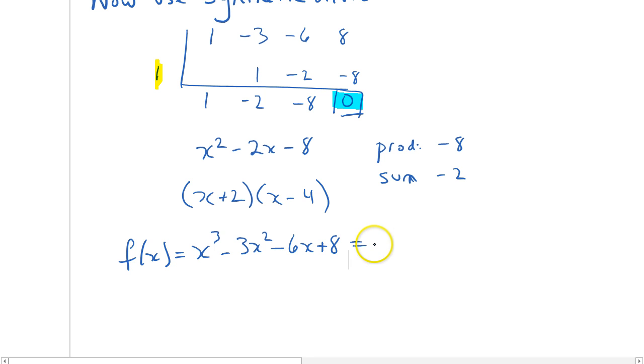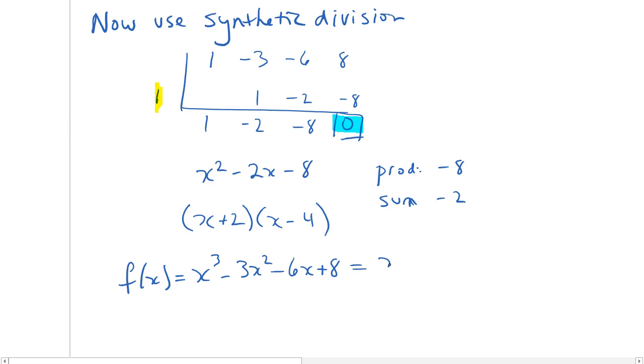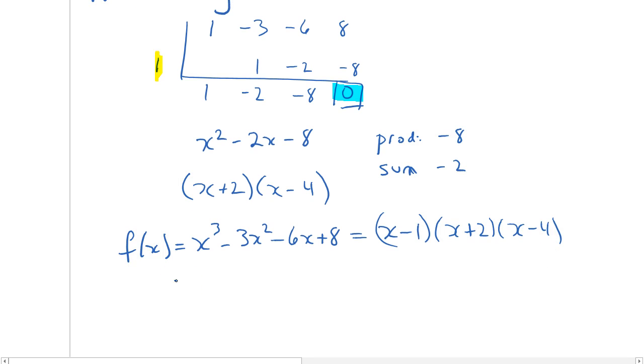So that would be equal to my x minus 1 times x plus 2 times x minus 4. All right. They don't ask us to, but let's say, what are the zeros? The zeros would be 1 from this one, negative 2, and plus 4.